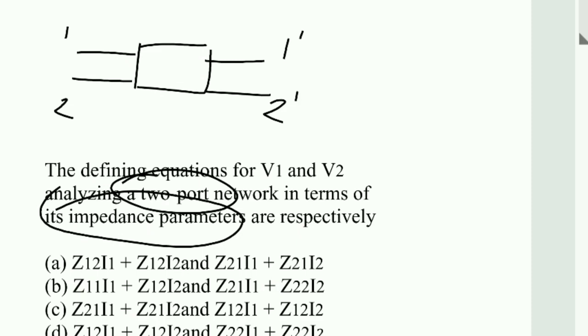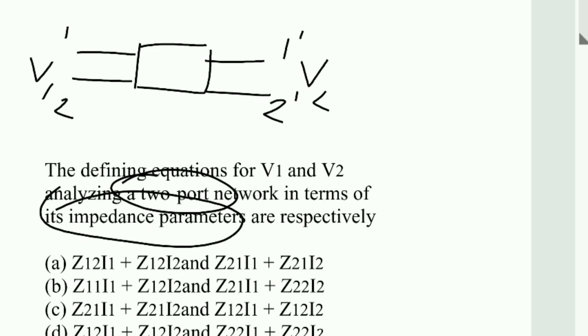When analyzing a two-port network, we are not concerned about the internal circuit inside the black box. We are only concerned about the voltage we are getting at the two terminals. We can say either of the two terminals is the input terminal and the other is the output terminal.